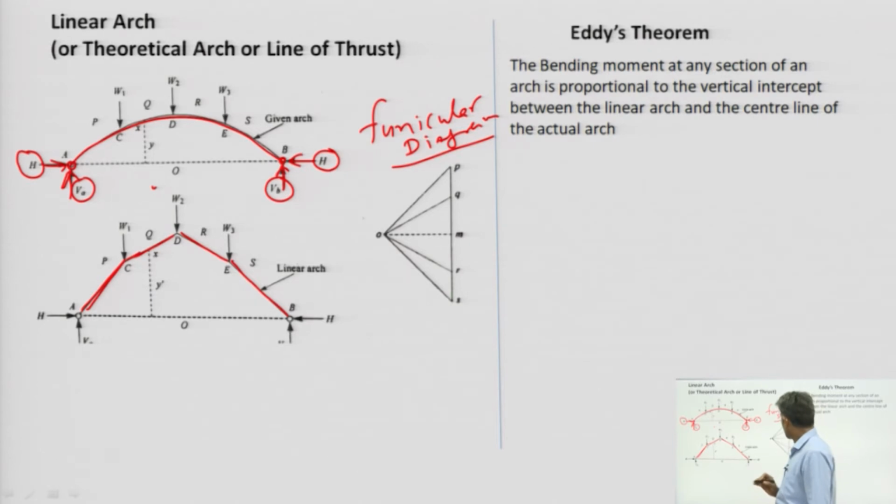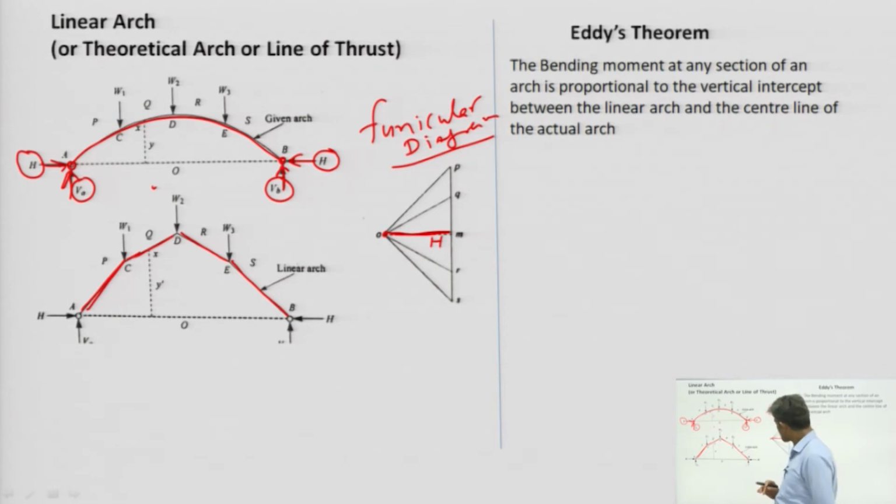How can it be plotted? It can be plotted with this diagram. In this diagram, this is a center point, focal point O, and we make a horizontal line H in some particular scale. After the calculation of support reactions in the given arch, we are going to make a theoretical arch for this particular given loading.